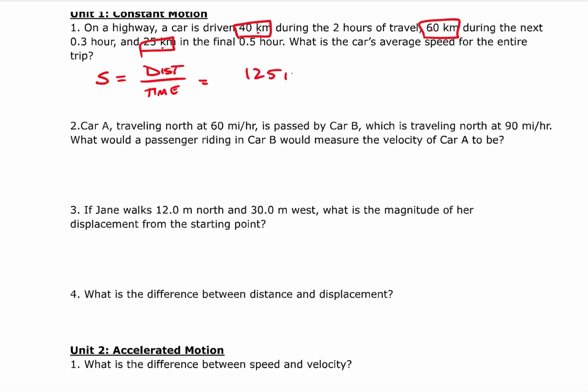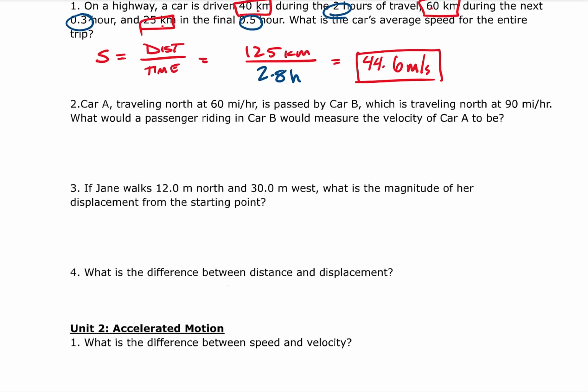That's 125 kilometers. And we're going to divide that by the time it takes for the whole thing. So for the time, we've got 2 hours, 0.3 hours, and 0.5 hours. Well, that's 2.8 hours. So we put all that together and divide. That gives me an average speed of 44.6 meters per second.